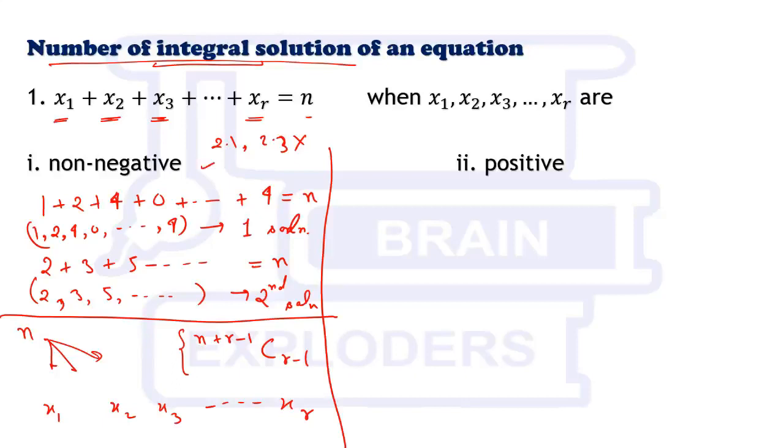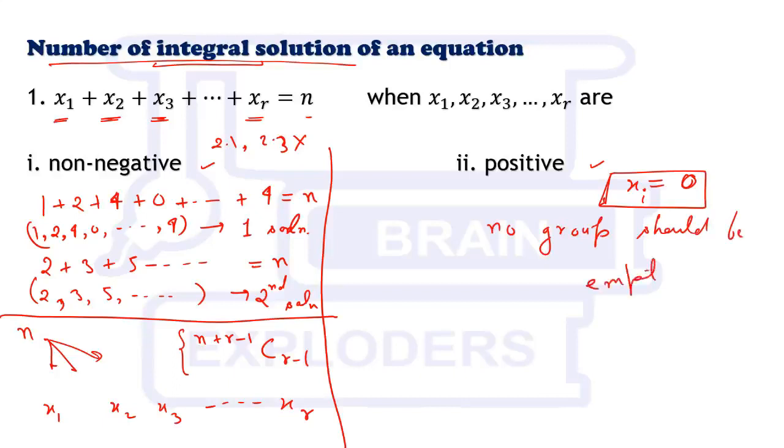If we take positive solutions, meaning none of the xi can be 0, then the minimum possible value of any xi should be 1. So let's first distribute 1 to each, and the question is converted to the case in which no group should be empty. So (n minus 1) c (r minus 1) is the number of integral solutions in this case.